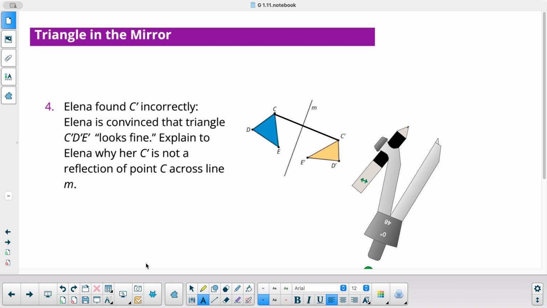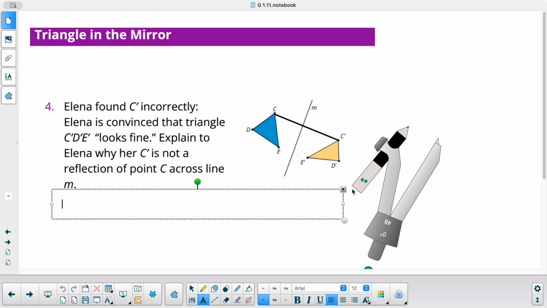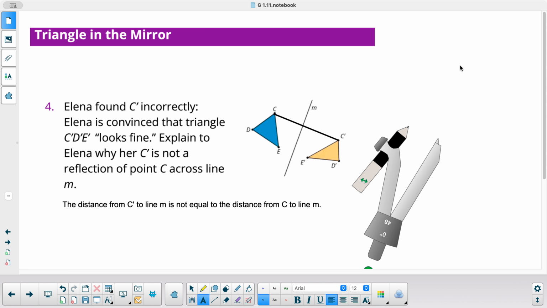So I would say something along the lines of, distance from C prime to line M is not equal to the distance from C to line M. Okay.